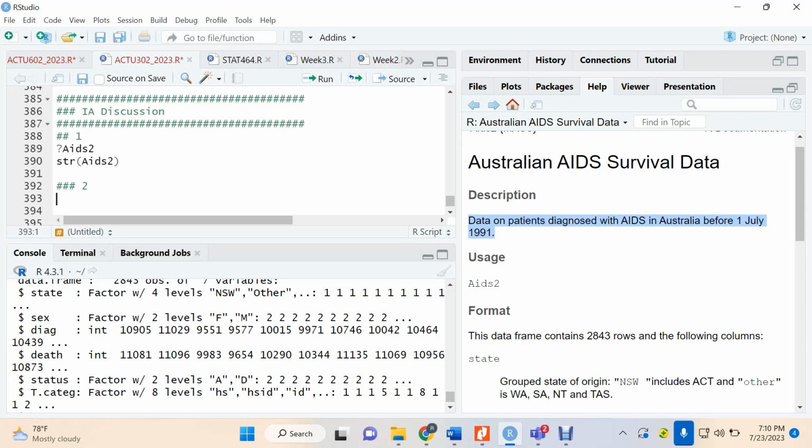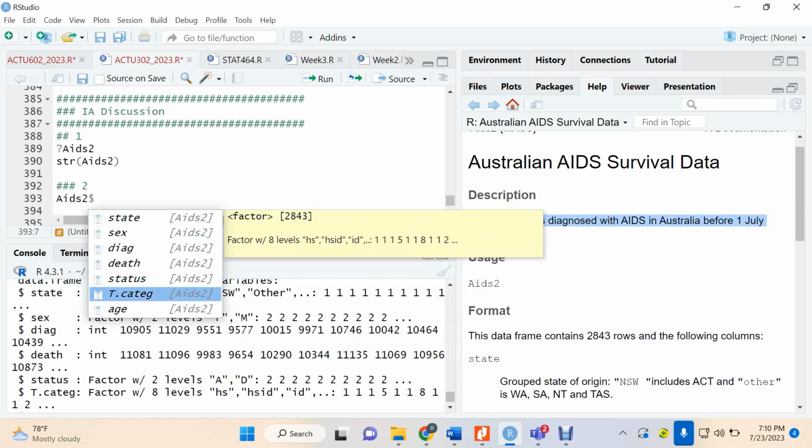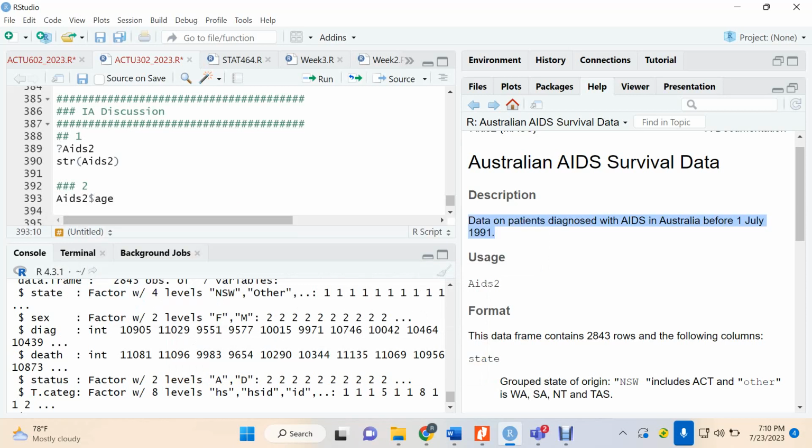We gave you age, and age is a category, sorry, quantitative data.